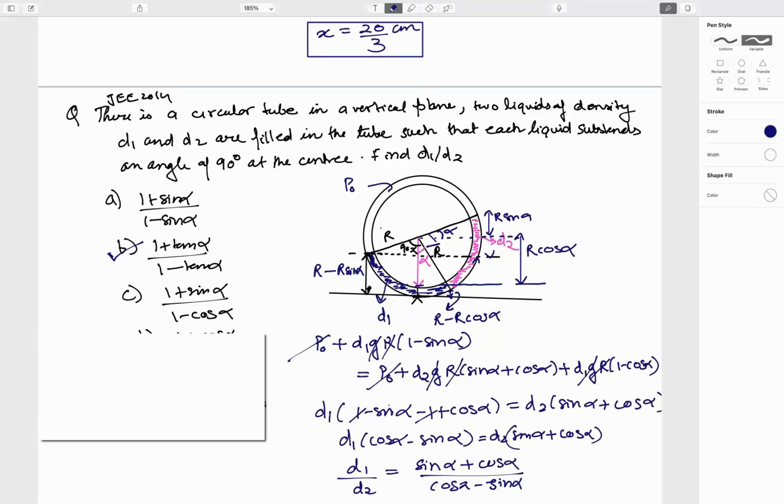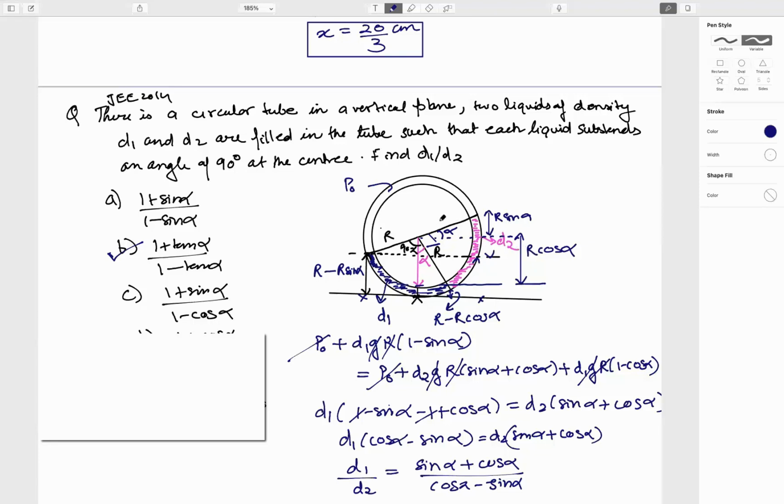Or you can say that we are calculating pressure here due to this and pressure here due to this, and we are balancing each other. So here there are two fluids. The net height of this fluid is R sin alpha plus R cos alpha.